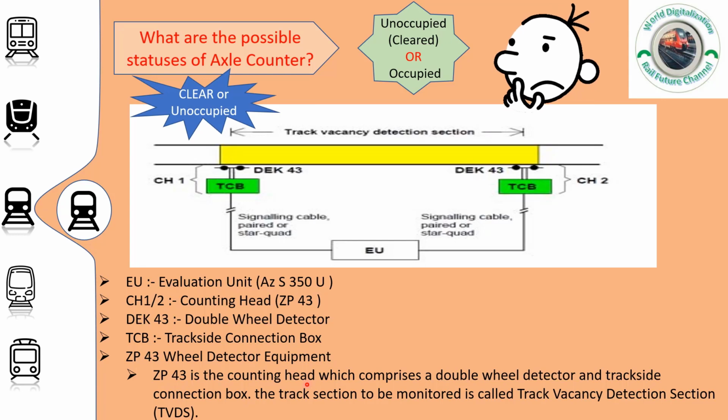ZB43 is the counting head, which comprises a double wheel detector and the track side connection box. The track section to be monitored is called the Track Vacancy Detection Section, TVDS.